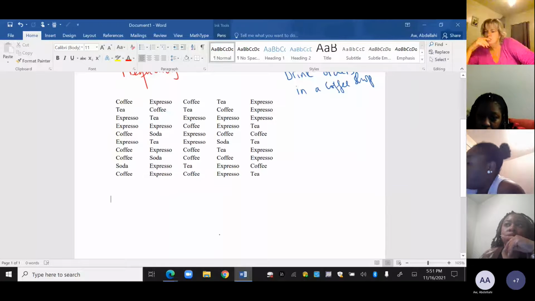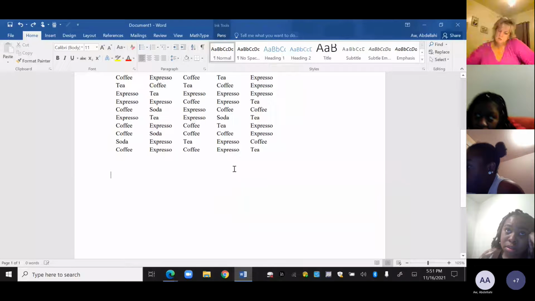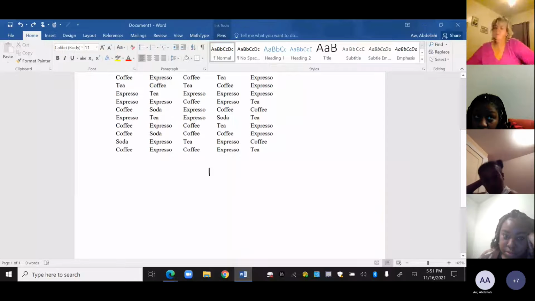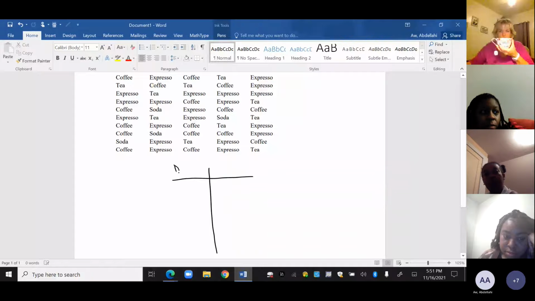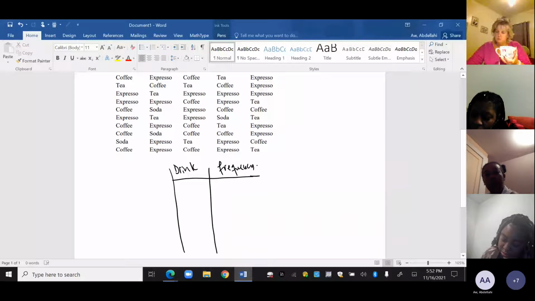So if you do this, that is a drink, and that is a frequency. To do a frequency table, the only thing you have to watch out for is to count exactly how many times you see each one.